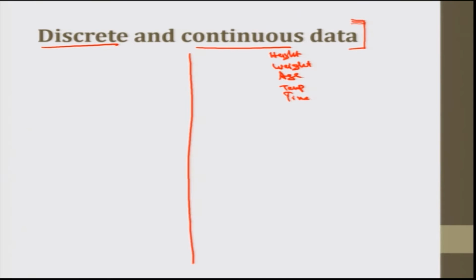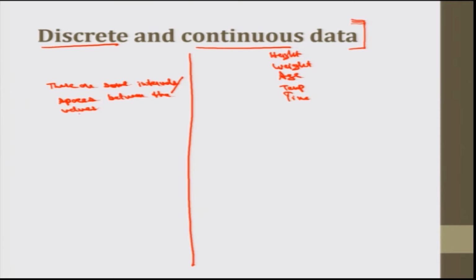Discrete means there are some intervals or spaces between the values.